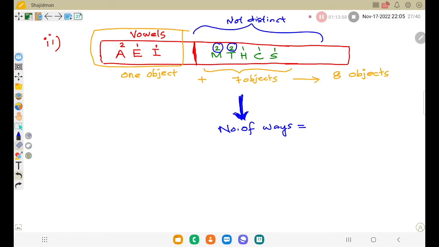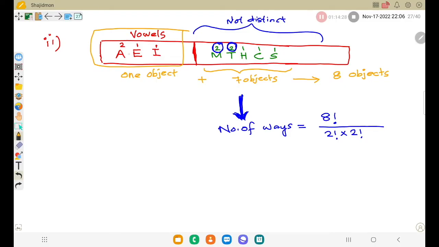So I am not writing the rule here. Here, how many total objects? What is n? 8 objects, because 1 object plus 7 objects. So 8 factorial divided by the repeating numbers: 2 factorial multiplied by 2 factorial. We don't write 1. I have circled 2 here and 2 here, correct?